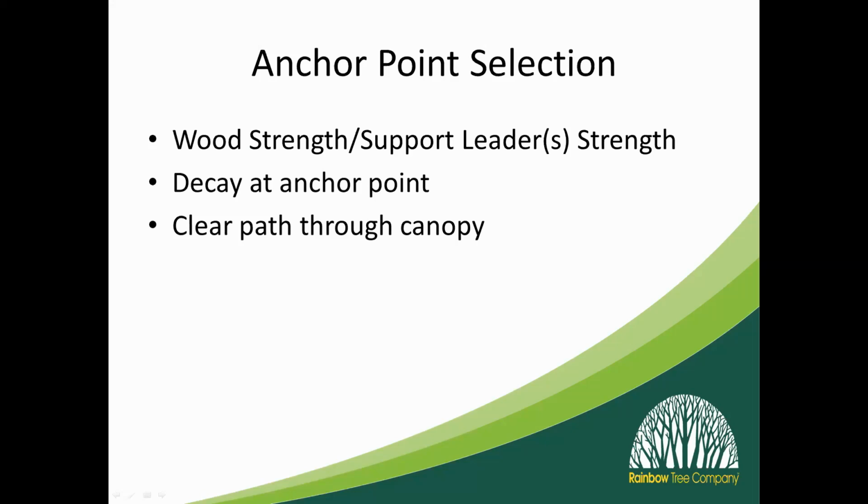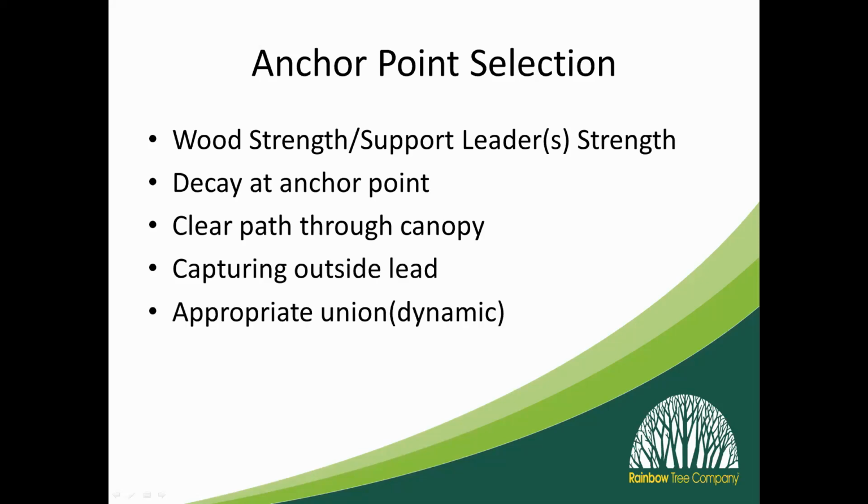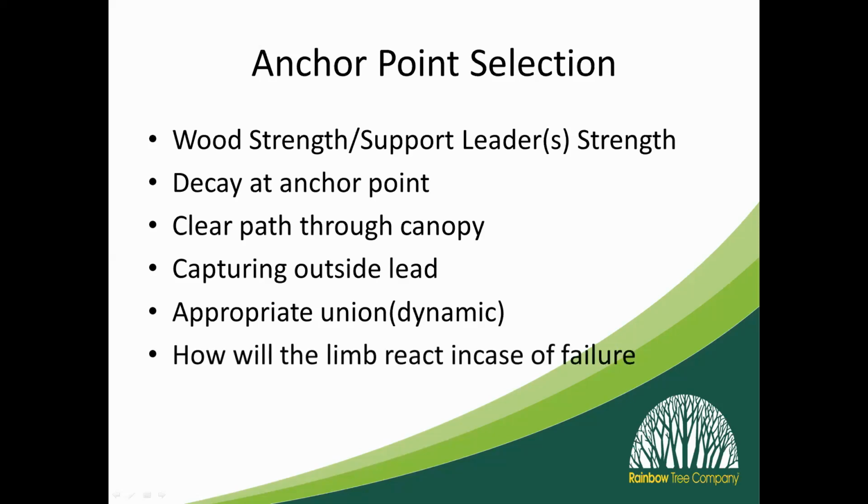I'm not going to say we're taking out an 18-inch limb to get a cable in there. Can we capture the outside leaders to compress the unions near the anchor point? Is there an appropriate union at the height we need to install a dynamic cable? And how will a limb react if there is a failure at the union we are trying to support?